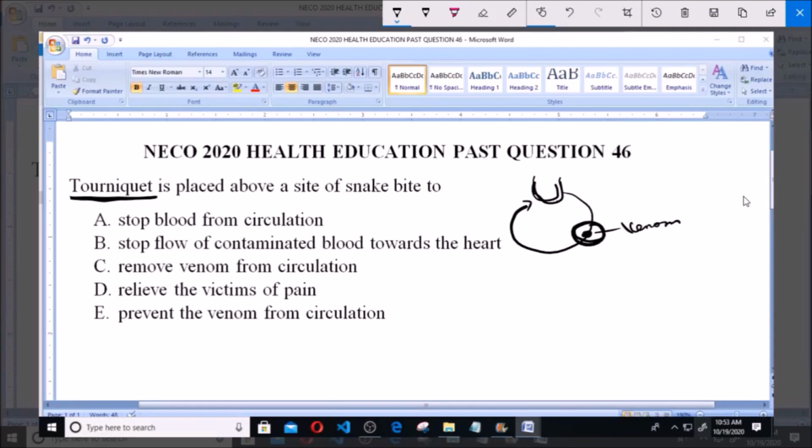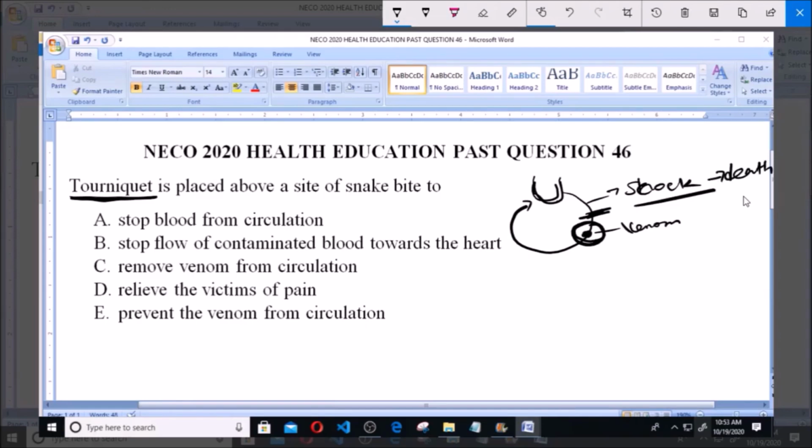So it is important that the place above the snake bite is tied, or a tourniquet is applied, in order to prevent this contaminated blood from moving back to the heart. If it gets back to the heart, it will result in shock, and this shock can lead to death.